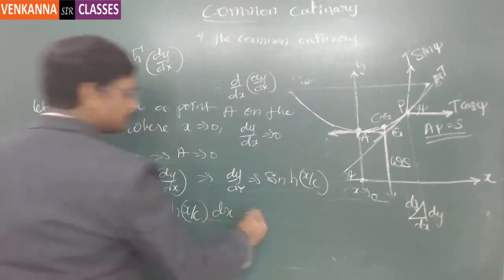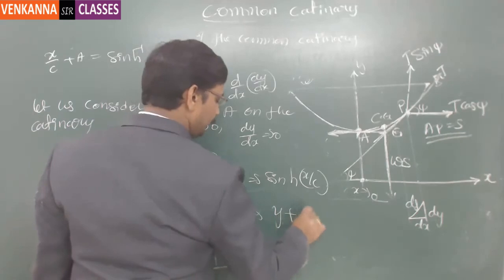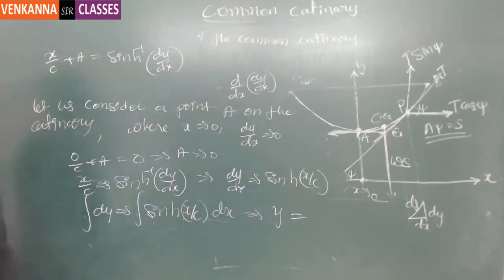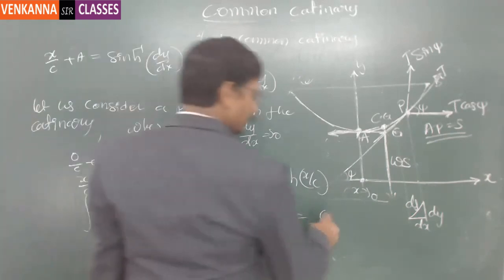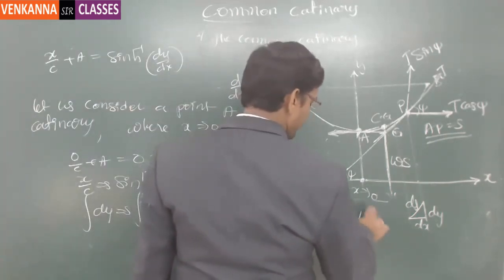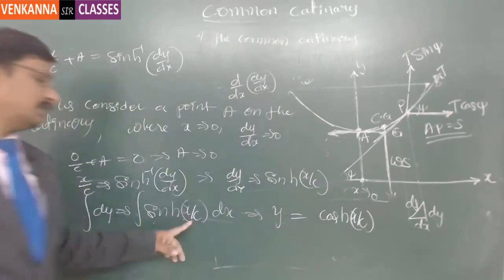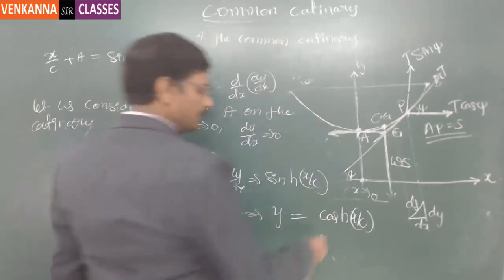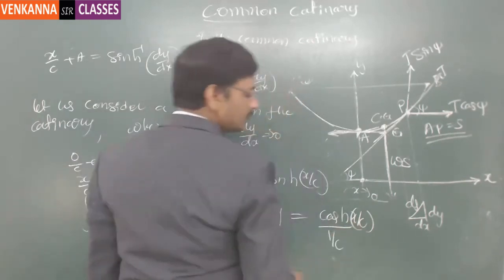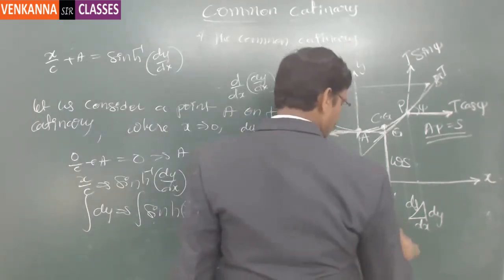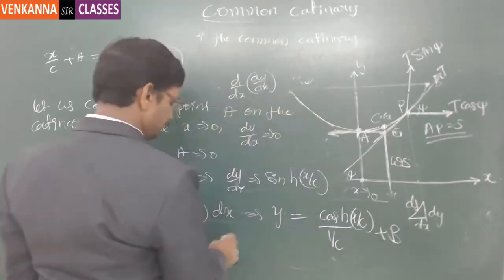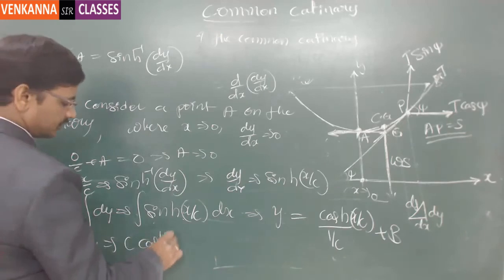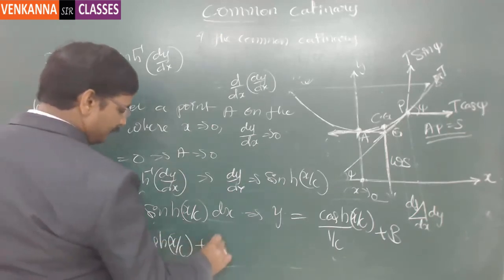So y is equal to, the integral of sinh x is nothing but cosh x. So cosh x by c, and then the factor that comes out as a product, x by c has to come in the denominator, that is divided by 1 by c, plus some constant b. So this is y is equal to c cosh x by c plus b.